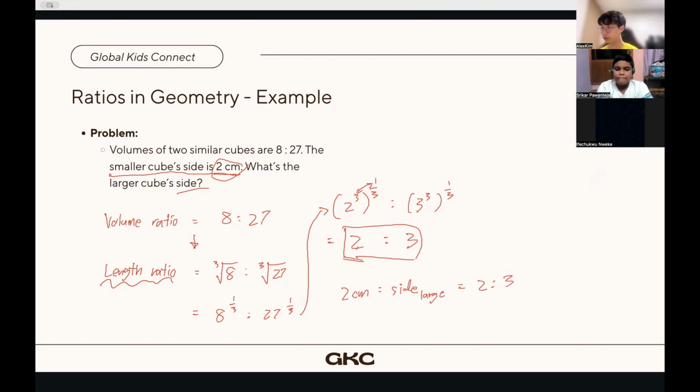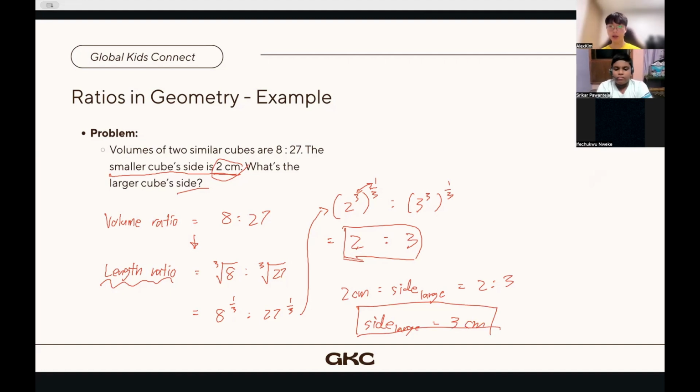So the side length of the larger cube will equal 3, or 3 centimeters. And so this will be our final answer.